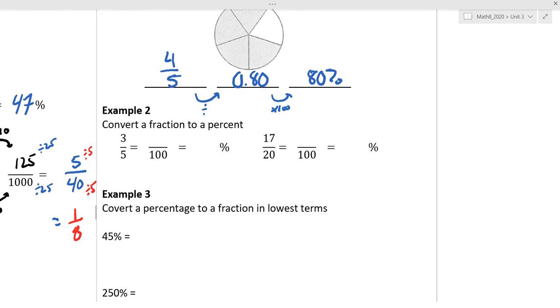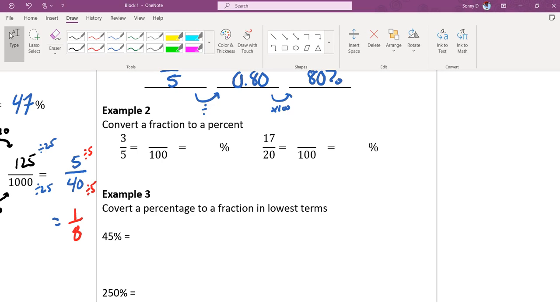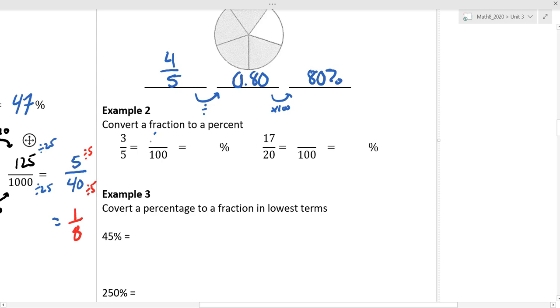Example 2. 3 over 5 as a fraction out of 100. What would the numerator be? 60. Yeah, how did you do it? How did you get the 60? Well, 20 goes into 100, right?